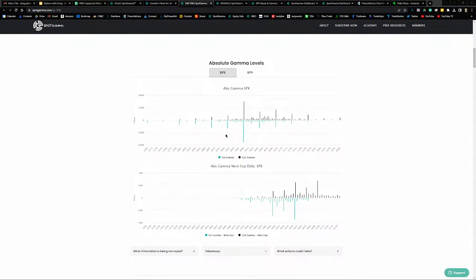And then the call wall, still up at 4,200, and that's the strike with the largest net positive gamma. And again, for an index, that can be expected to act as resistance.